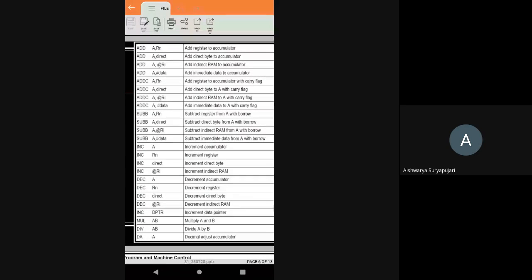Now in the same way, if I ask the data before the instruction is 0F, just note it down. If the data in R0 is 0F and after the instruction INC R0, the result will be dash dash. काय उत्तर लिहिणार? So I am expecting in the chat box.